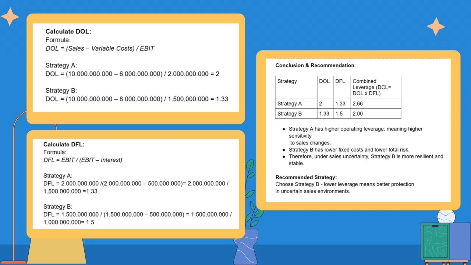Strategy B has lower fixed costs and lower total risk. Therefore, under sales uncertainty, strategy B is more resilient and stable. Recommended strategy: choose strategy B. Lower leverage means better protection in uncertain sales environments.